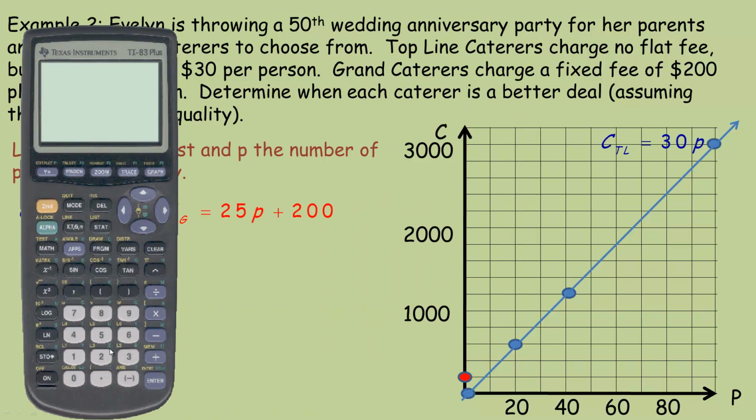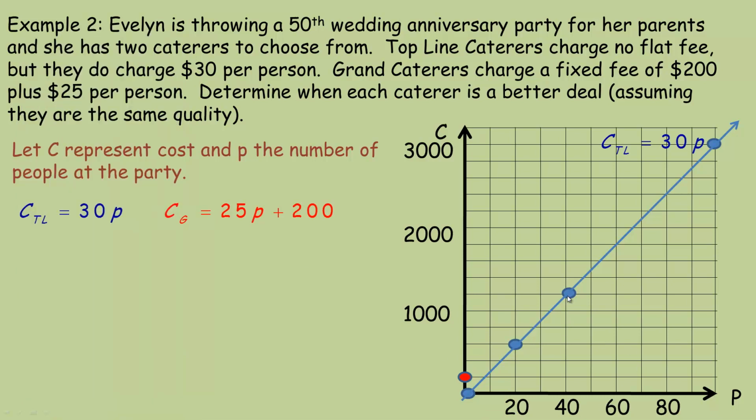I'm going to do 40. So I'm going to go 25 times 40 plus the 200. And that's 1,200. You see, this is actually 1,000 plus the 200 is 1,200. So for 40 people, it costs 1,200, so we'll put a dot right there, and we can draw our line through them. And so that's the grand caterer one.